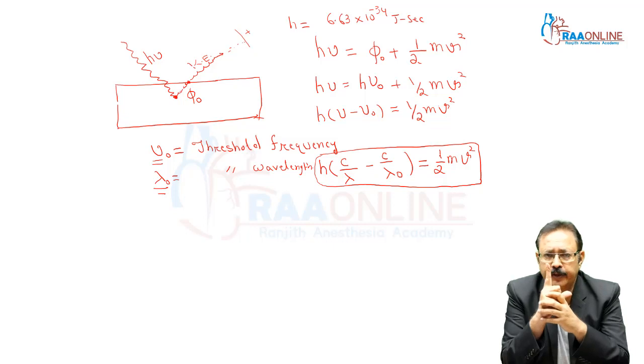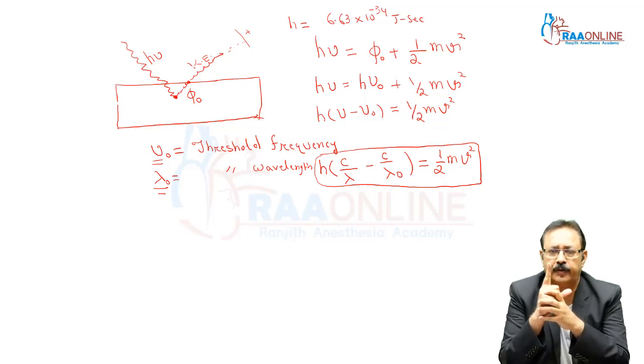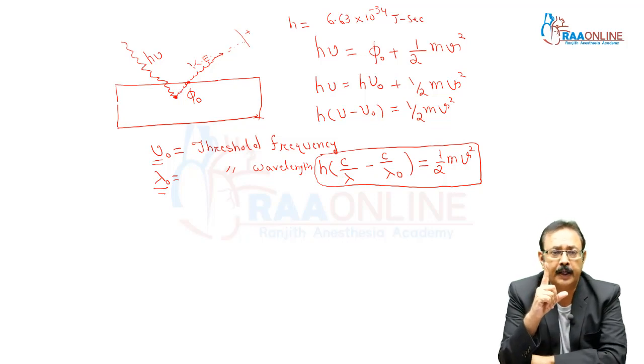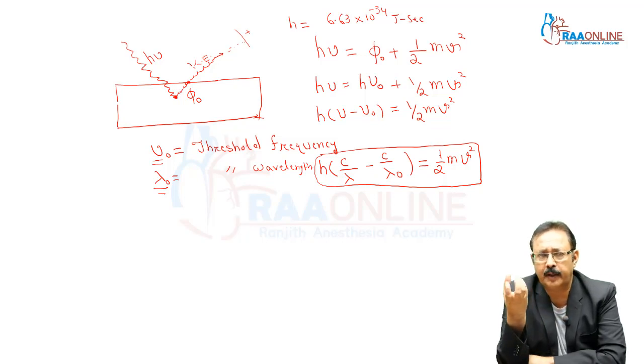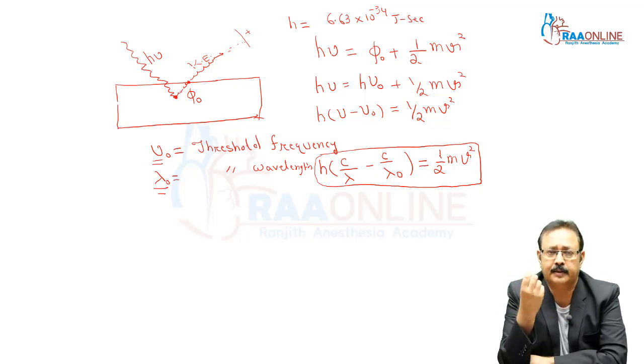If you want to eject one electron, you need one photon. And this effect also proves the wave particle nature of light. Because if an electron is coming out from the matter, electrons are particles, they have mass 9.1 into 10 to the power minus 31 kg.